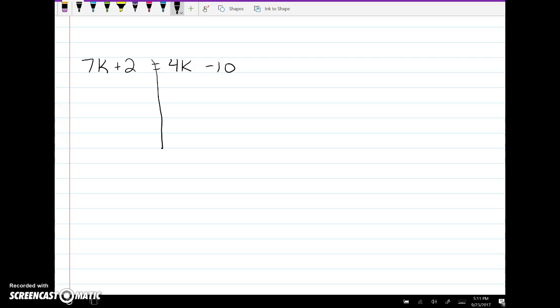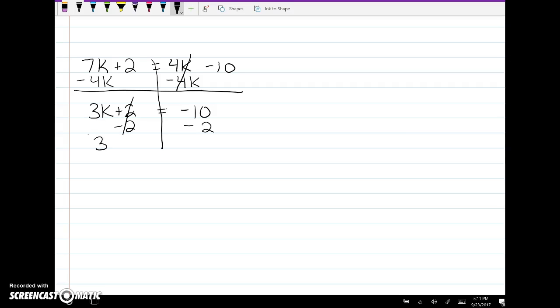Again, I like to work with positive variables, so I'm going to subtract 4k from both sides. 4k's cancel on one side. 7k minus 4k is 3k plus 2 equals negative 10. Don't forget that negative. Subtract 2 from both sides.